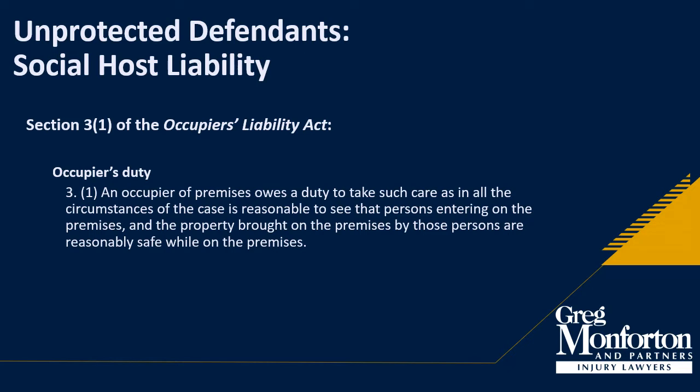So a bartender is not required to tackle an intoxicated person to prevent them from driving, but the bartender is required to offer to take a cab, to stop service of alcohol, to call the police if the person continues to leave and gets into their vehicle. There is an obligation to do something.